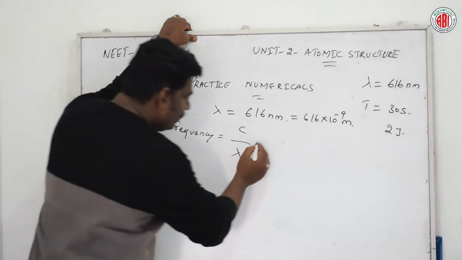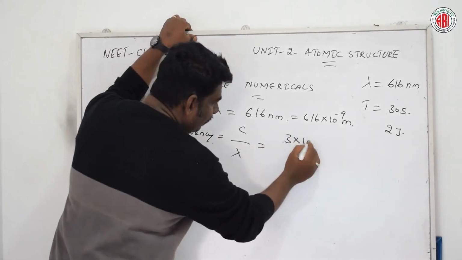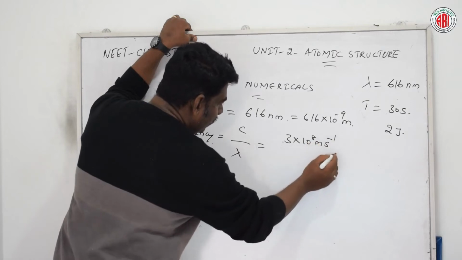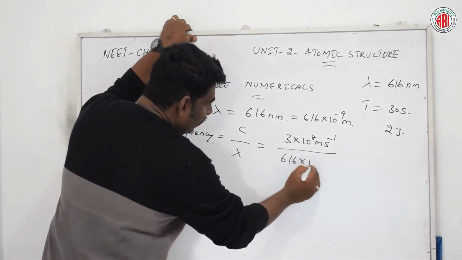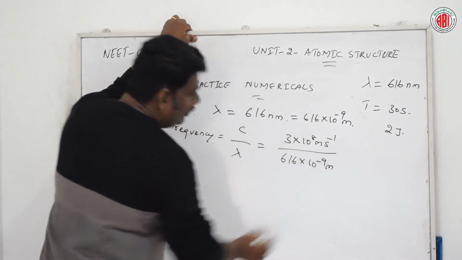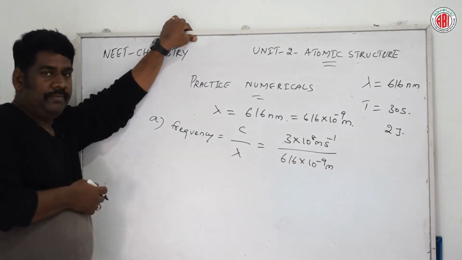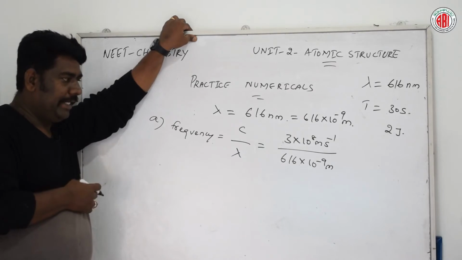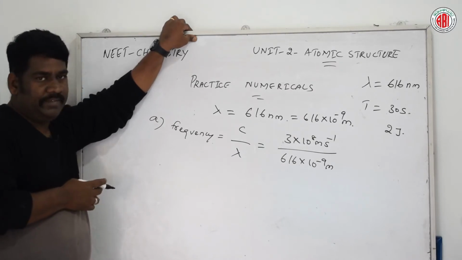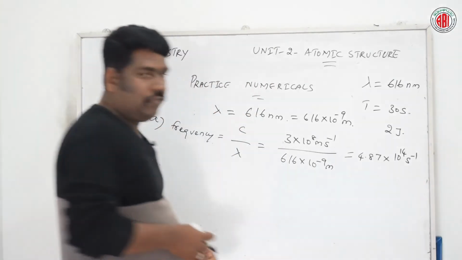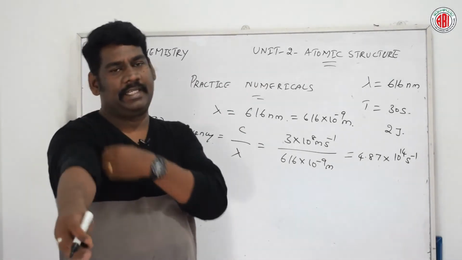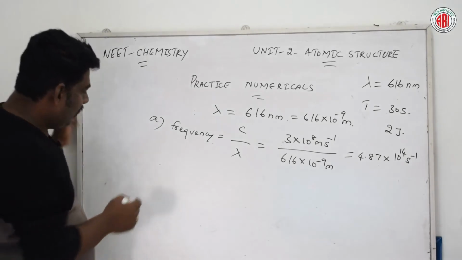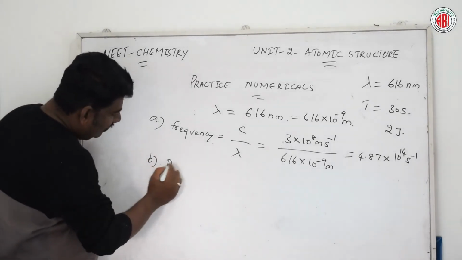C, that is nothing but speed of the light, 3 into 10 to the power of 8 meter per second, divided by lambda value, that is there, 616 into 10 to the power of minus 9 meter. Yes, so simplifying this, meter will be cancelled, then simplifying this we get 4.87 into 10 to the power of 14 per second.